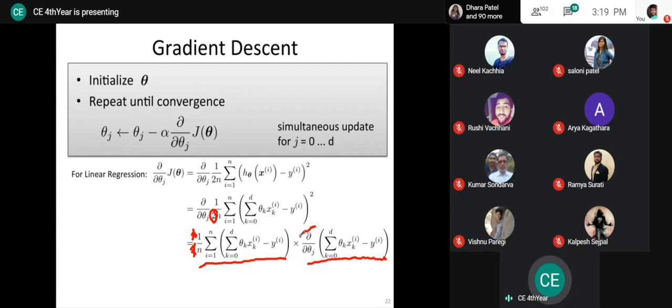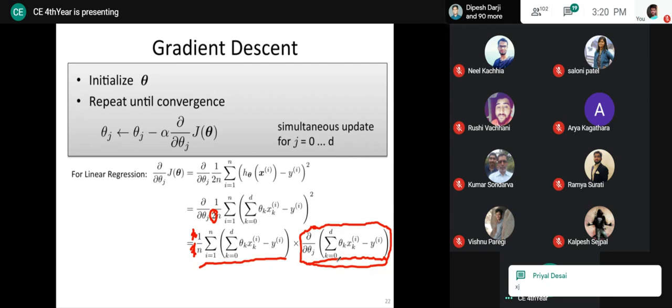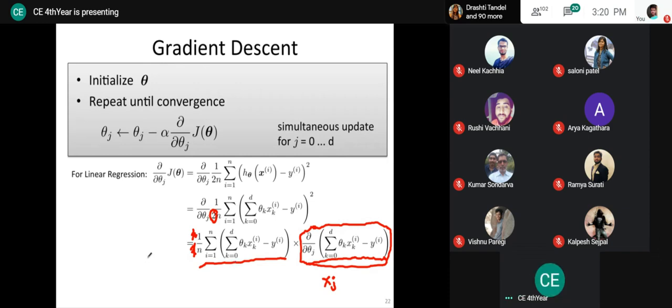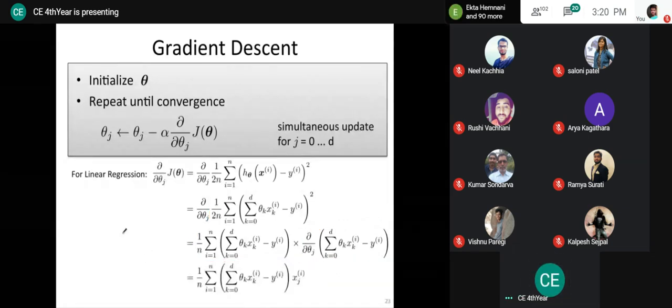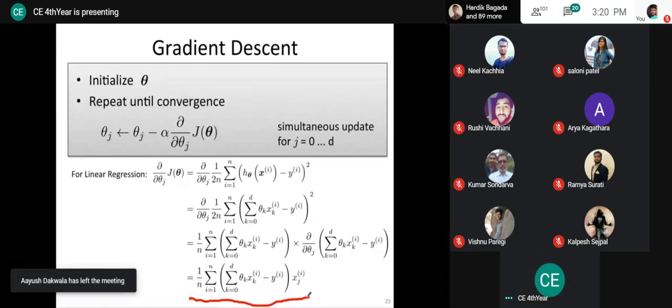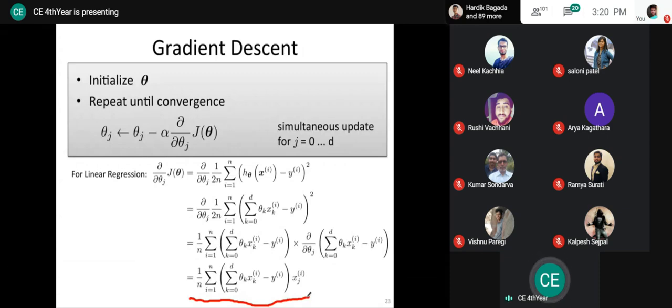And we know what is the result of this partial derivation. That is xj, right? So this is the value, or you can say this is the update to the previous theta value.